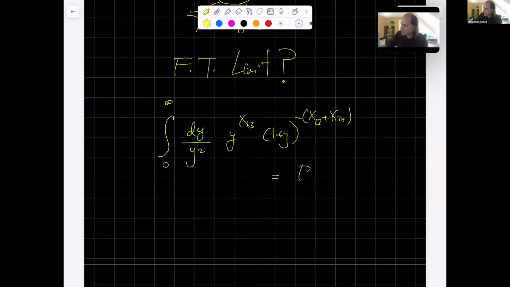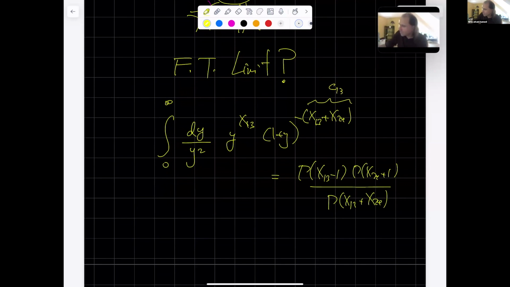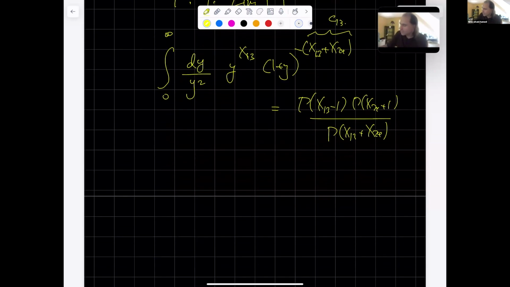Of course, this is gamma of x13 minus 1, gamma x24 plus 1 over gamma x13 plus x24. And if I call this guy C13, as we like to do, this goes to C13 over x13 at low energies, when all the x's are small.